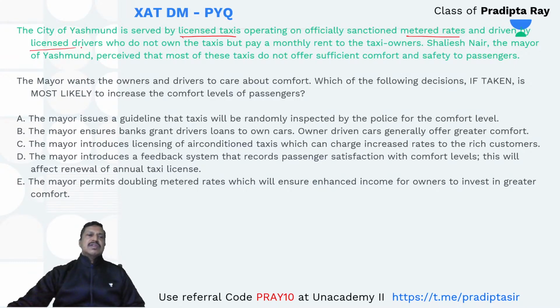The drivers are licensed, the taxis are licensed, and the meter rate is also sanctioned. These are licensed drivers who do not own the taxis but pay a monthly rent to the taxi owners. Now, these taxi drivers are not the taxi owners, right? They pay the rental to the taxi owners. So that means taxi owners are different, and taxi drivers are different people.